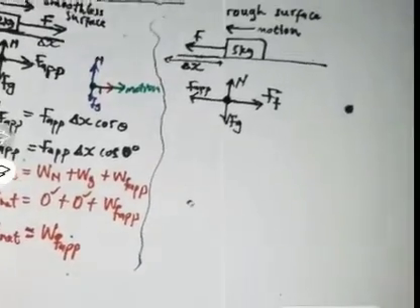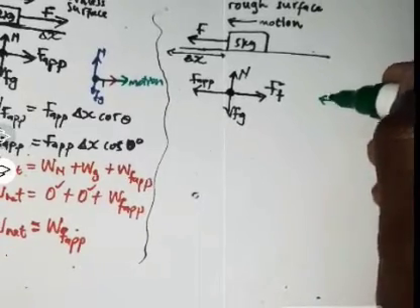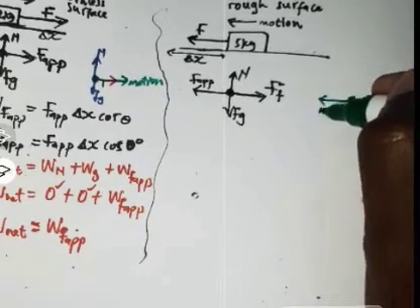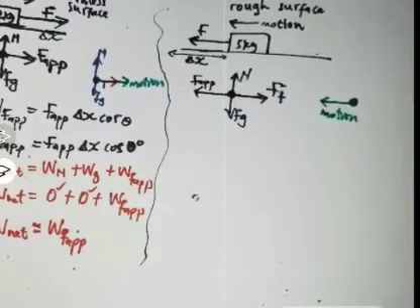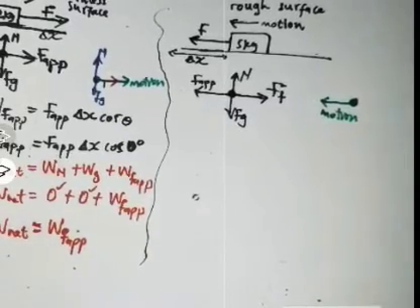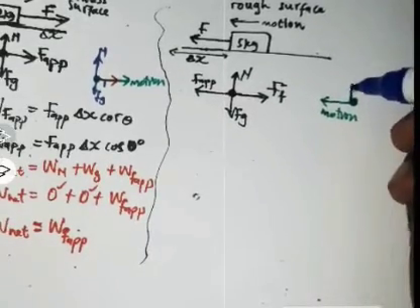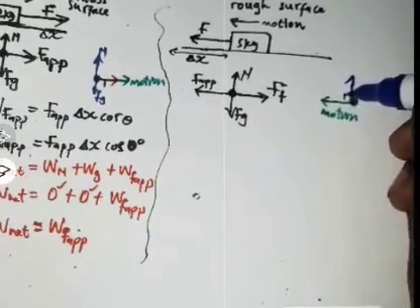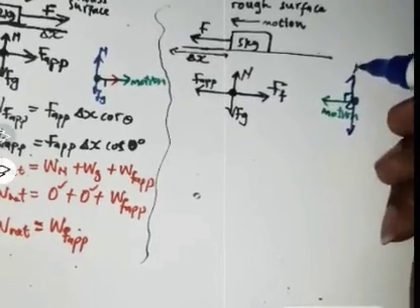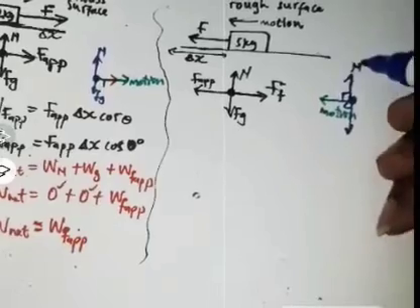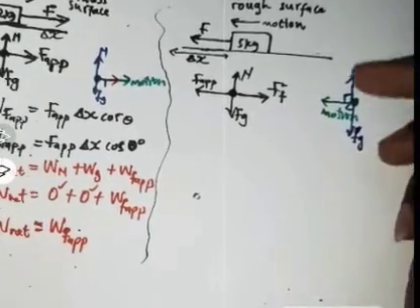So this is the motion, and if I draw my normal force, there is 90 there. Gravity, there is 90 there. So the two do no work anyway.